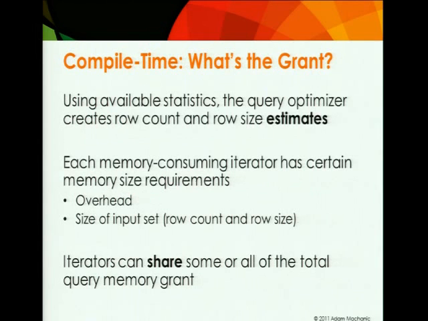So at compile time, once again, the query optimizer has to come up with this ideal grant. And it does this using the metrics that it has available to it. These are statistics, row counts, estimates, as well as data sizes. And it comes up with basically a size of the input set into each iterator. And this is based on the estimated row count and the estimated row size.